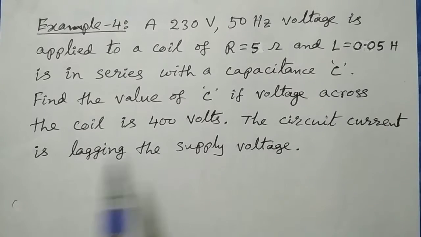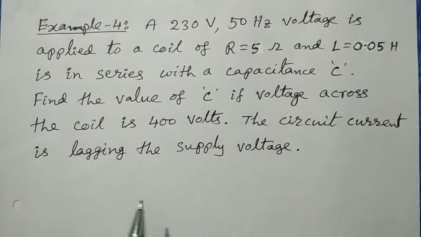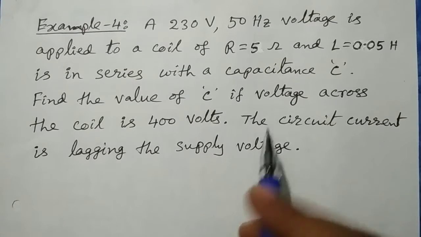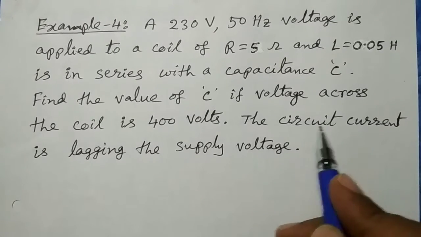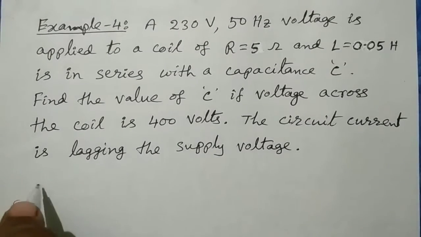Also find the circuit current. Also consider the circuit current is lagging the supply voltage. So this is a condition: the circuit current is lagging the supply voltage. So let's see the solution.